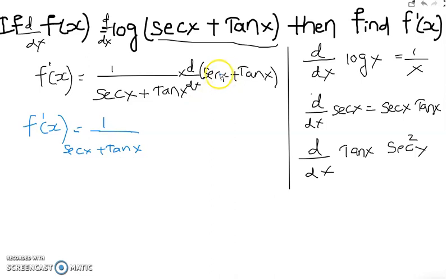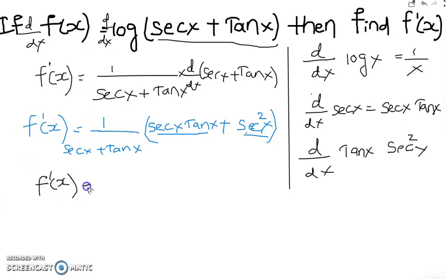d by dx of sec x, what is the answer? Sec x tan x, into d by dx of tan x, sec square x, right? Sec x tan x, plus sec square x. What is the common? f dash of x is equal to sec x is common. What is remained here? Tan x. And what is remained here?